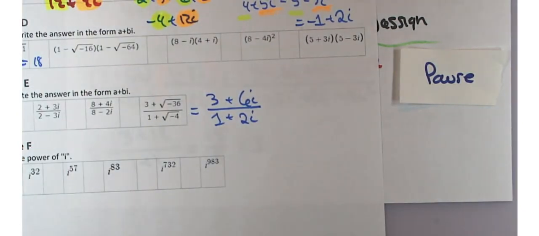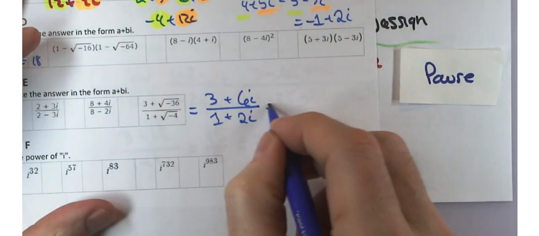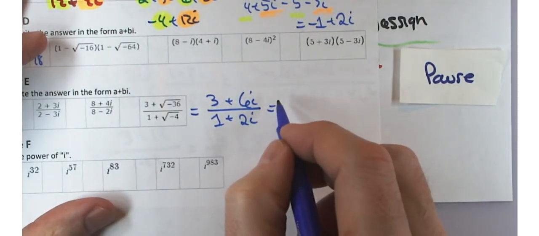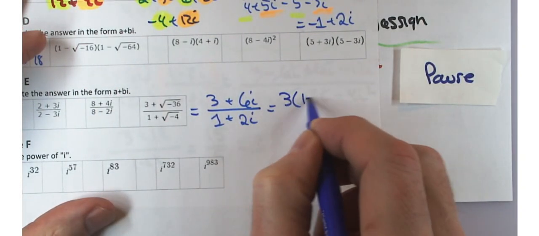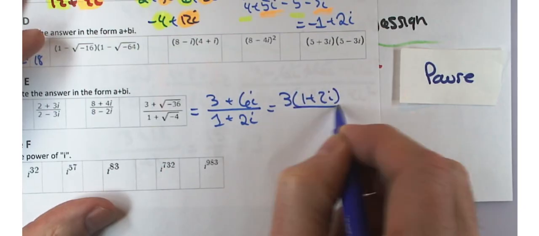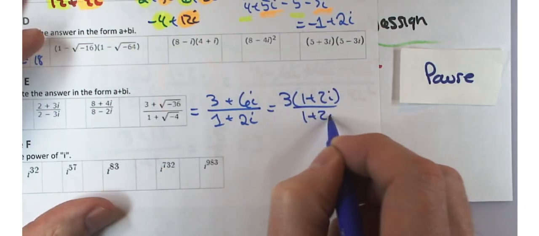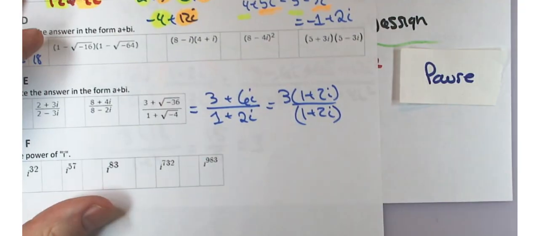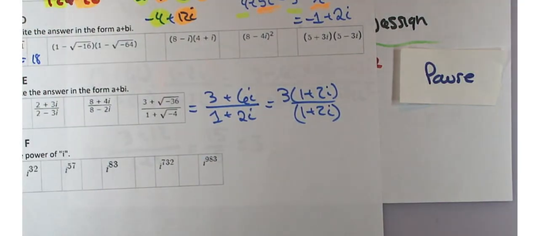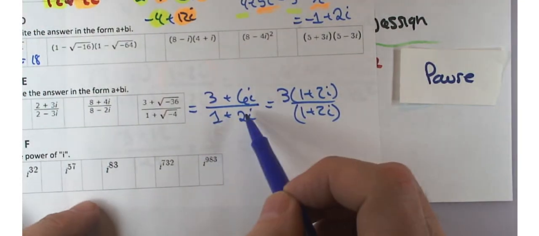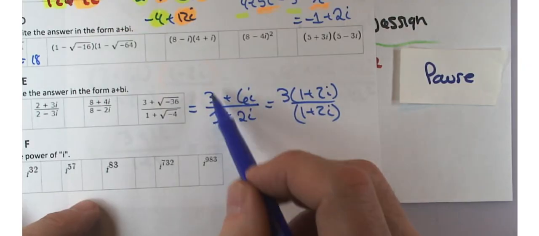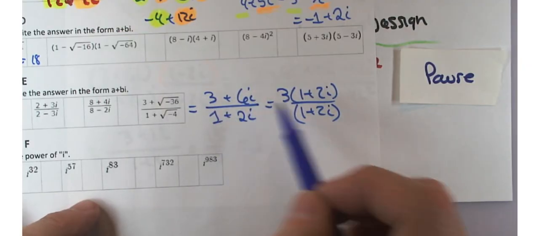I don't know if this is it, but they're both the same. If you factored out the 3 from the numerator, you get this, right? Now I can cancel the 2 into the 6 and then 1 into the 3, and I get 3 plus 3, that'd be 6.